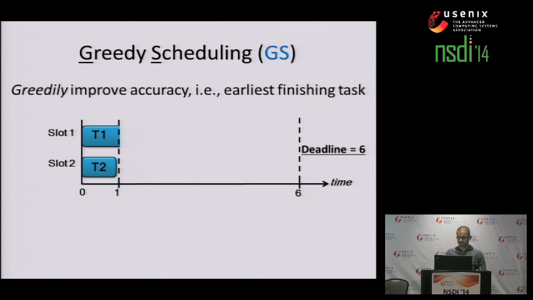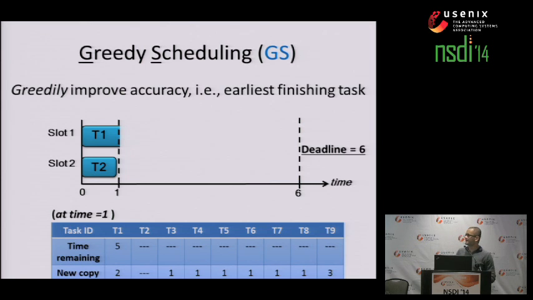And at time 1, when T2 has just finished, this is how the estimates look for the remaining tasks. Of course, this job has 9 tasks here. For T1, which is still running, clearly its remaining time is 5. It's going to take 5 more time units, but a new copy would take just 2. It's a straggler.